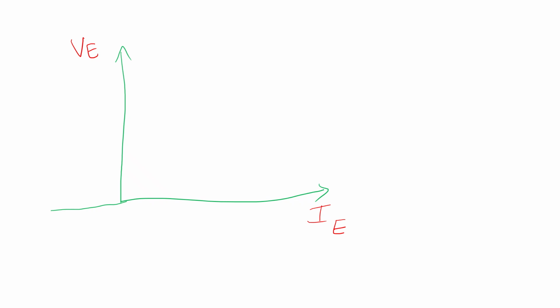I will draw the curve again. As the value of IE increases with constant VBB, the curve increases, reaches a peak value, and then increases like this. This voltage is called the valley voltage because this portion of the curve looks like a valley, and this voltage is the peak value.